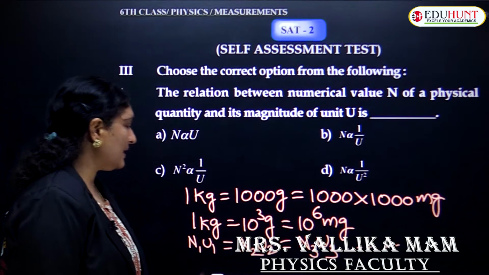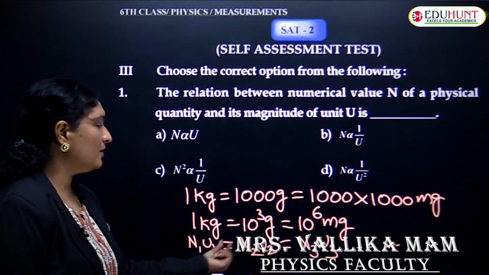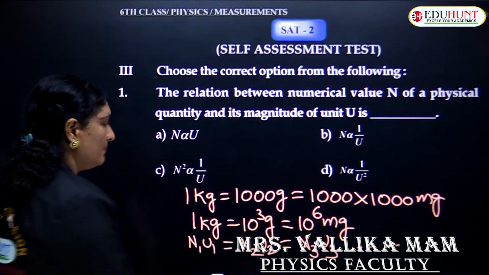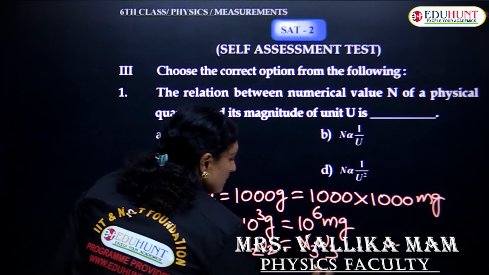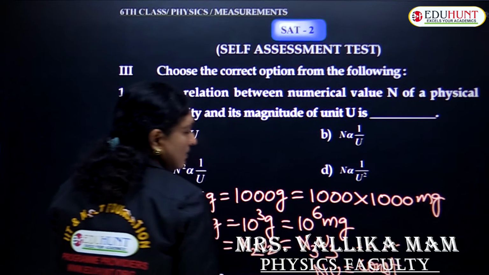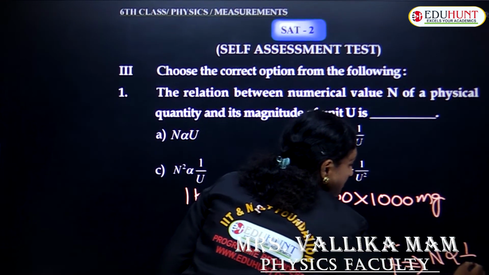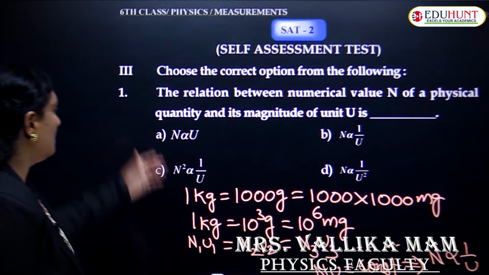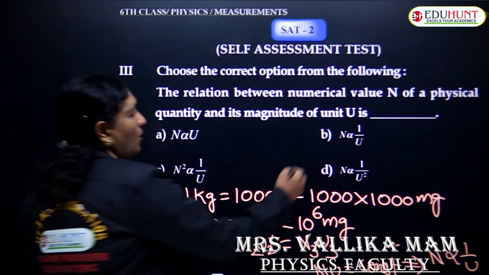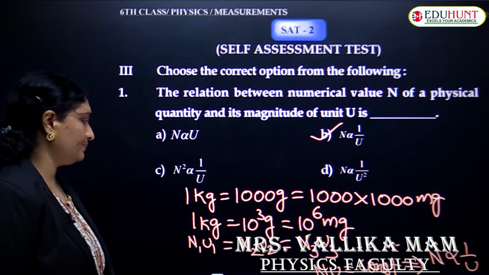From this, it is very clear that always the product of numerical value and unit remains constant. That is, NU is constant. Or from this, we can conclude that N is inversely proportional to U. Hence, among the following, the correct option is N is inversely proportional to U.